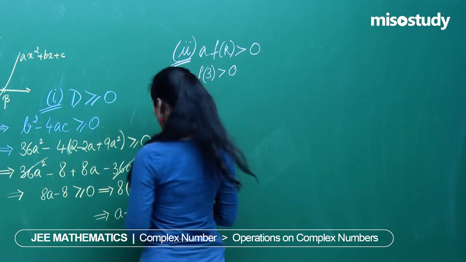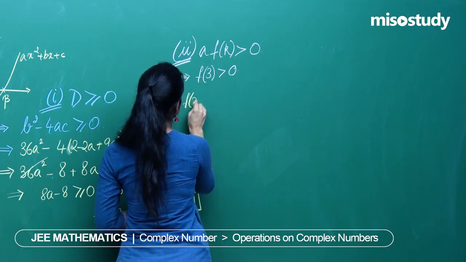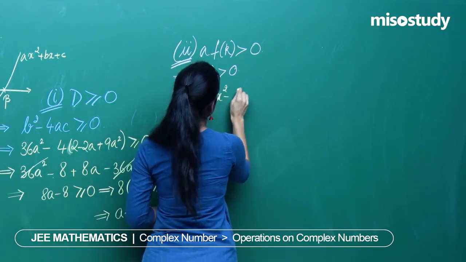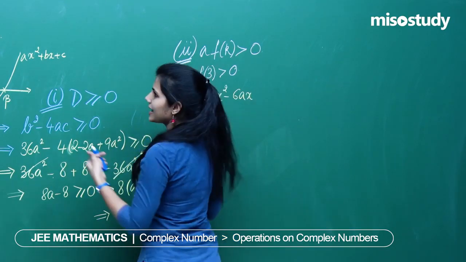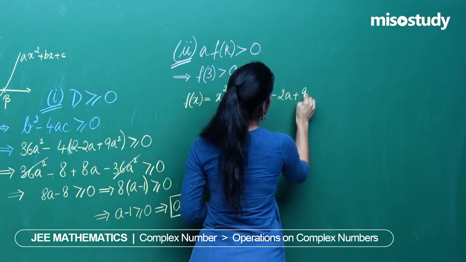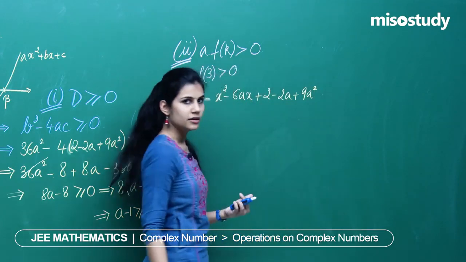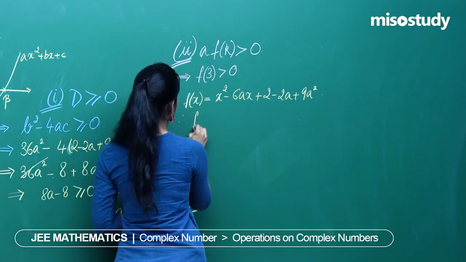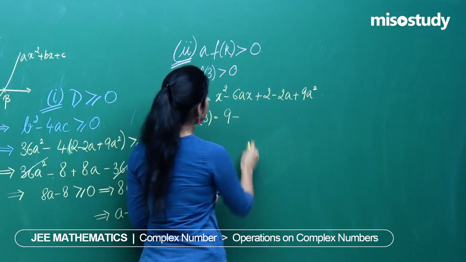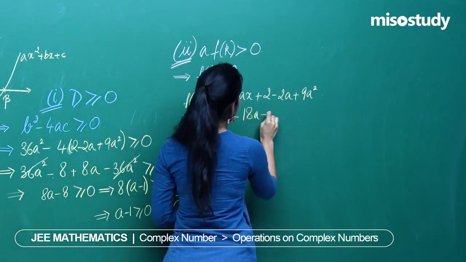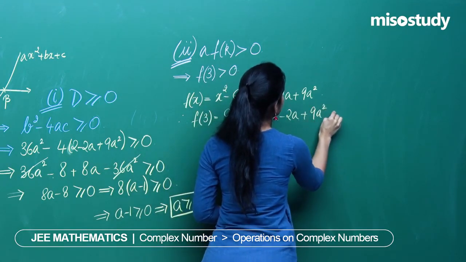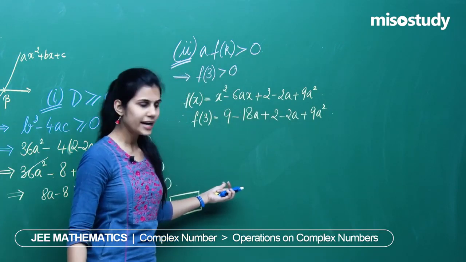What is f of 3? So if f of x is x square minus 6ax plus 2 minus 2a plus 9a square, therefore f of 3 will be 9 minus 18a plus 2 minus 2a plus 9a square, right?